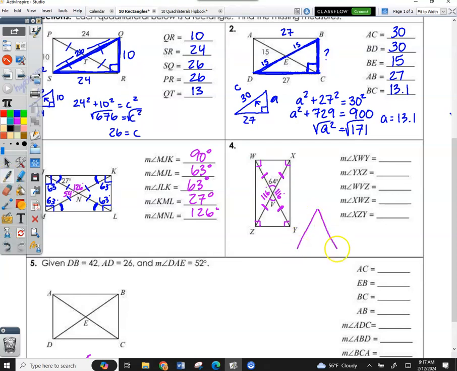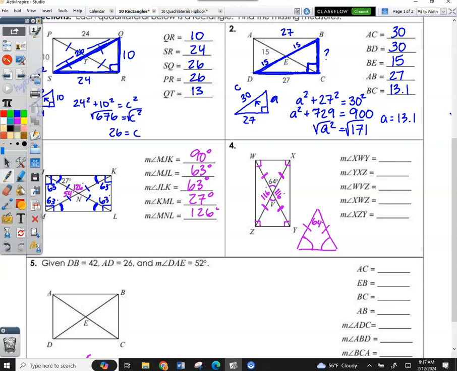I'm going to draw it down here. If the top is 64, the base angles would have to be equal. Do I have enough to find them? Please say yes. What is the sum of the angles? 180. How much has already been used? 64.